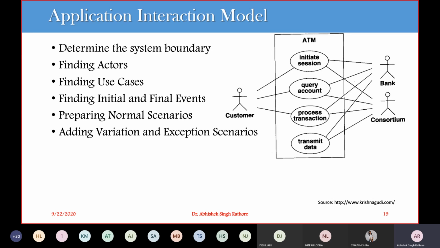In transmit data you can send logs, or how much balance is available in your current ATM machine. These are the different types of data transmitted from your ATM to your bank and the consortium computer. So these are the different functionalities that are available.